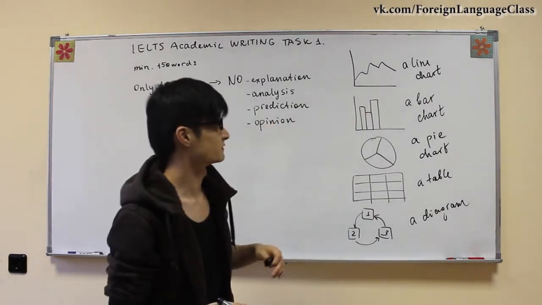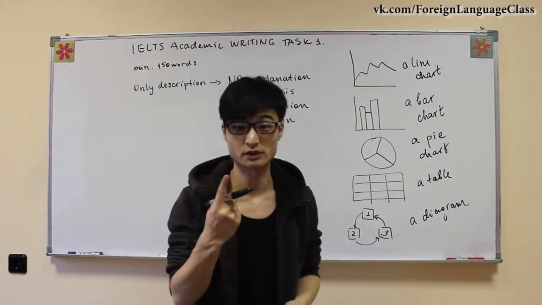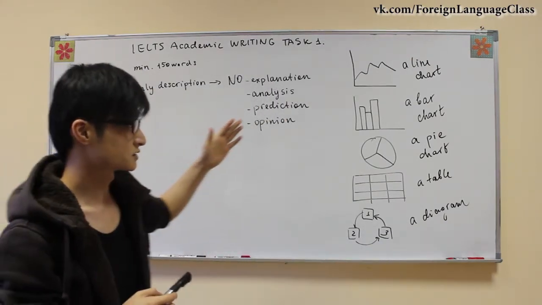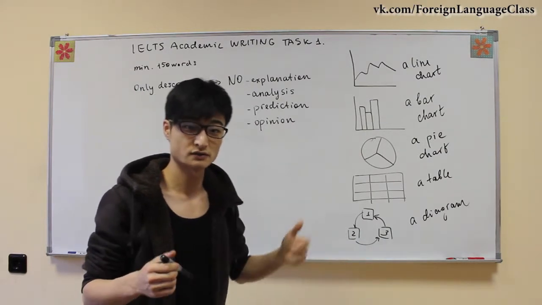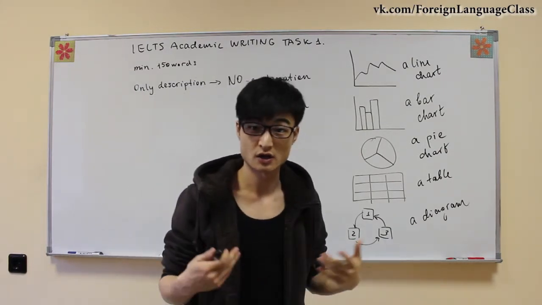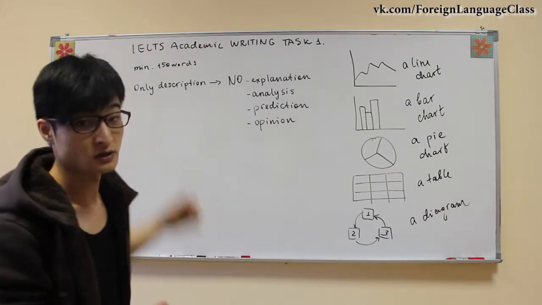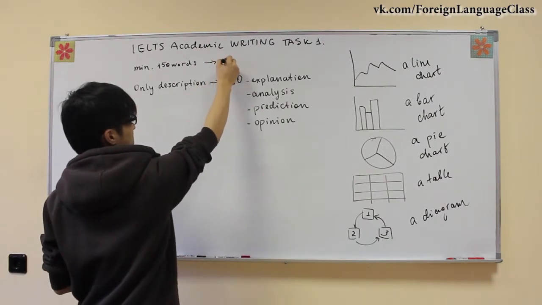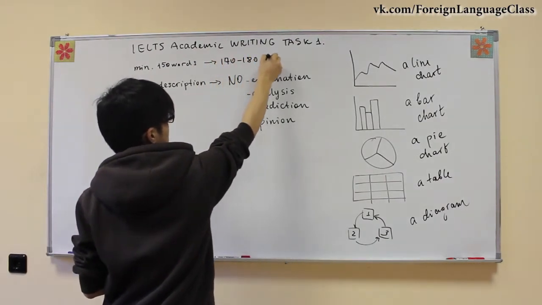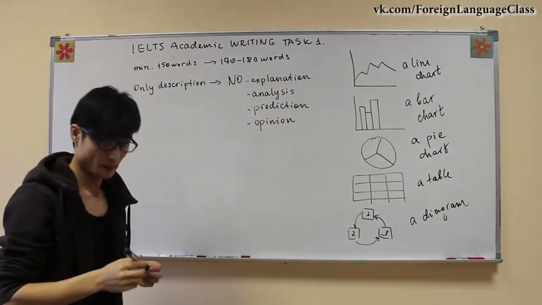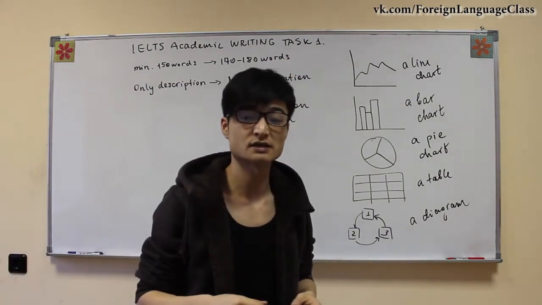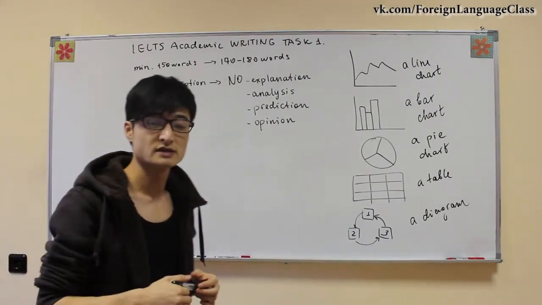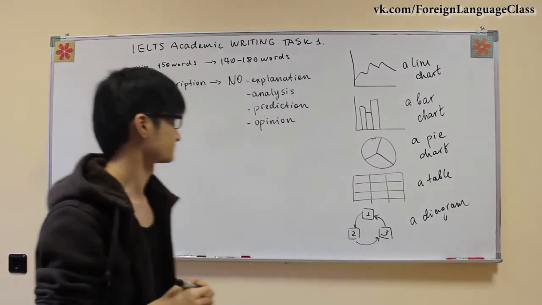For example, you may have a line chart and a bar chart in Task 1. And so, you are to describe what you see on the picture with words. The minimum is 150 words, but it's better to aim at 170 or 180 words. Minimum is sometimes not enough, so try to write at least 170 or 180 words.